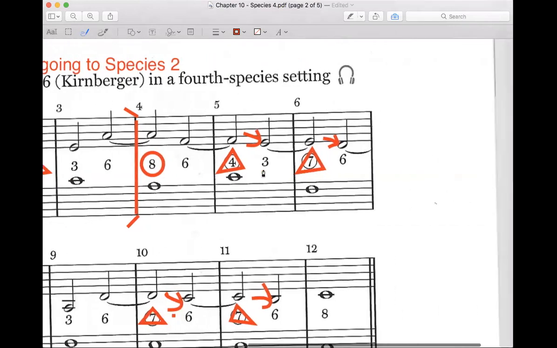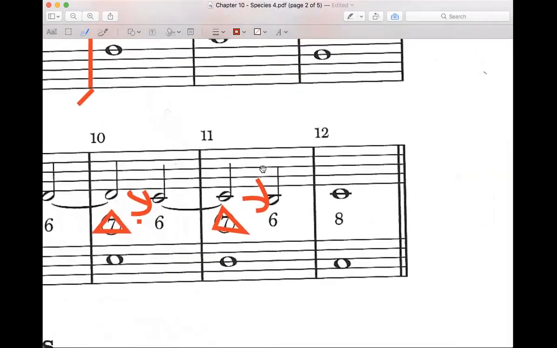Okay, what about how we end? Well, again, it is possible to break species and use, let's say, the leading tone in the second to last measure, but this is a very common way to end here, ending with the 7-6 suspension. In fact, I would write this out for yourself first and see if that will work for you. Sometimes you'll need to break species to make this happen.